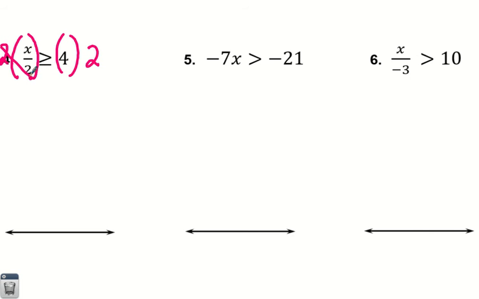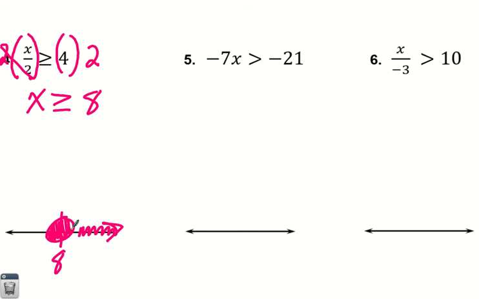So that'll leave x alone. And again, we are not flipping the symbol because it's not the right conditions. And once x is by itself, this is greater than or equal to 8.